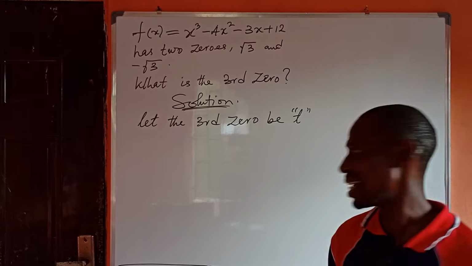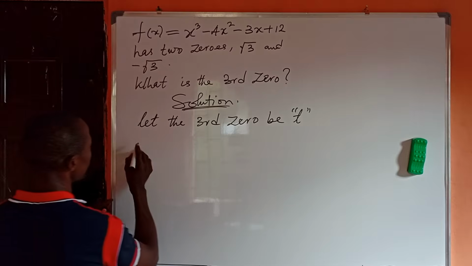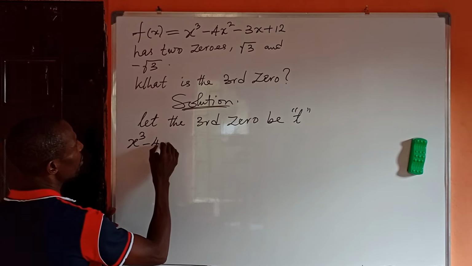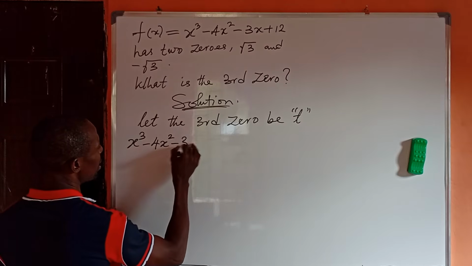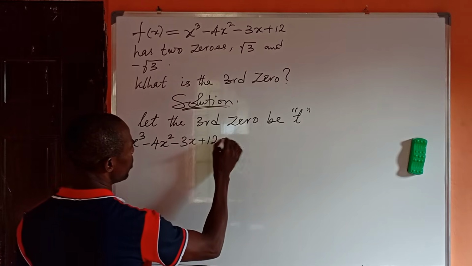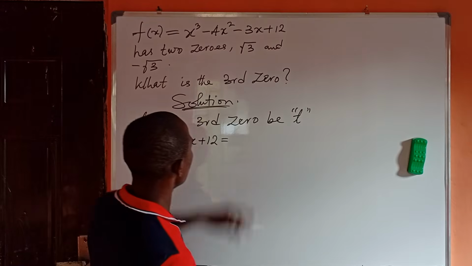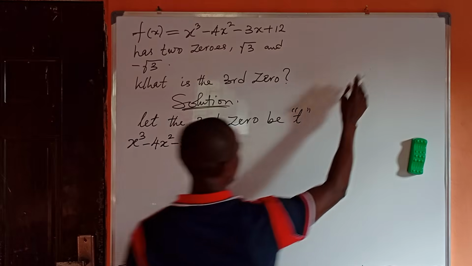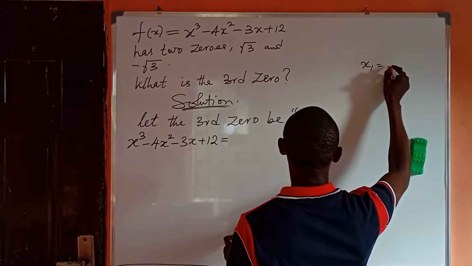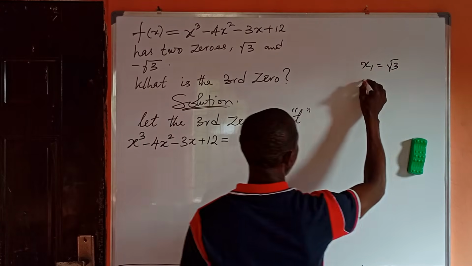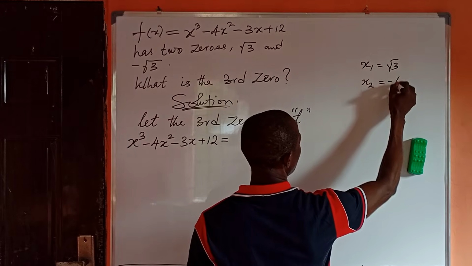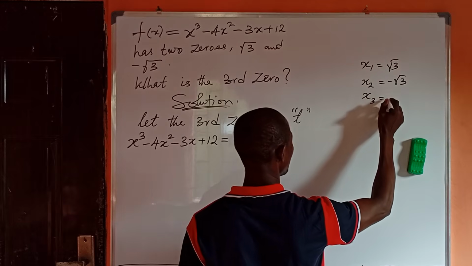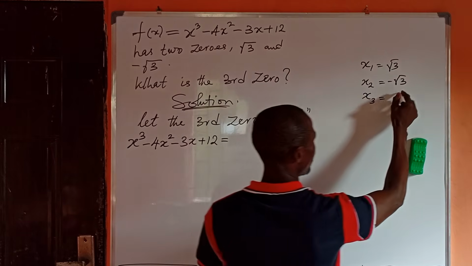Good. So let's go ahead and express that out here. So this is going to give us our x to the power of 3 minus 4x to the power of 2 minus 3x plus 12. The first factor here, x1, is equal to positive root 3, x2 is equal to negative root 3, and the third one, which is what we are looking for, x3, will be equal to t.